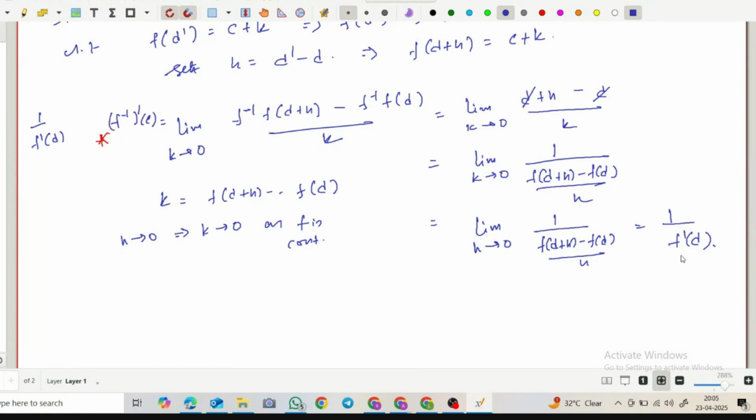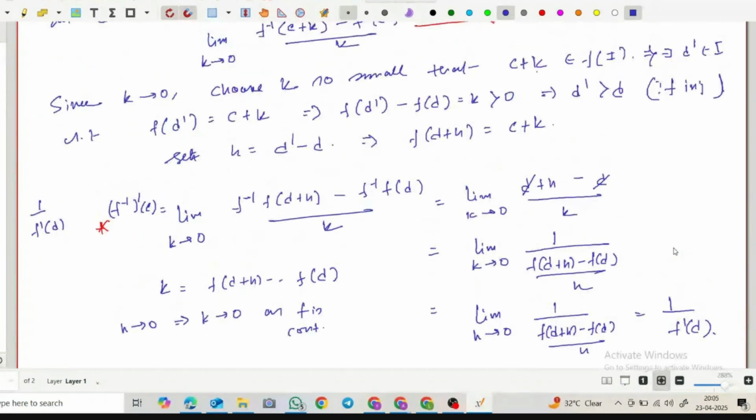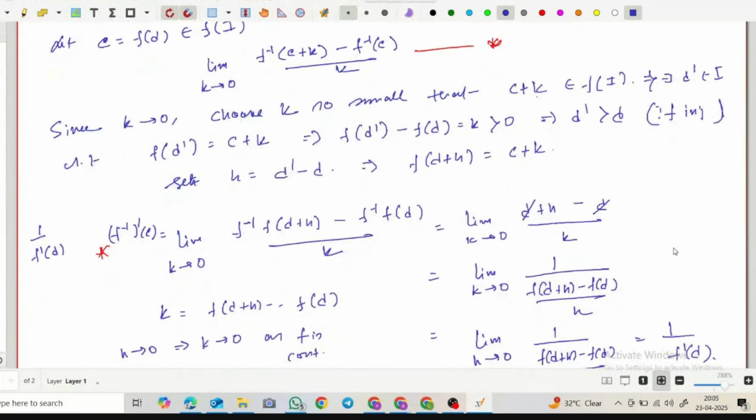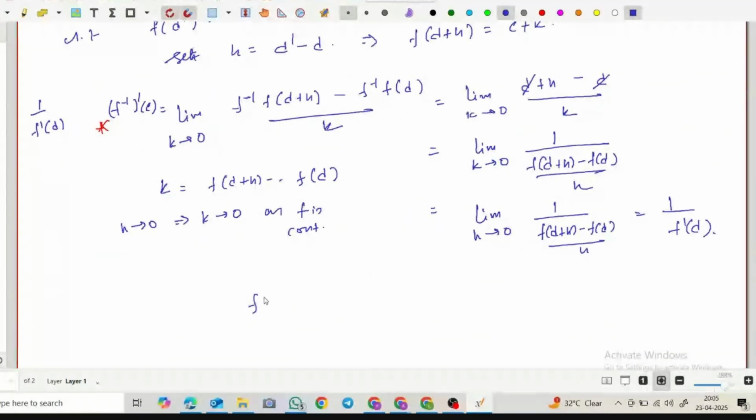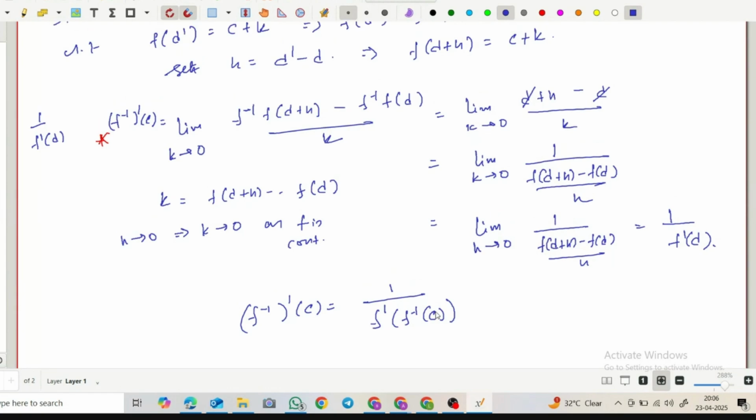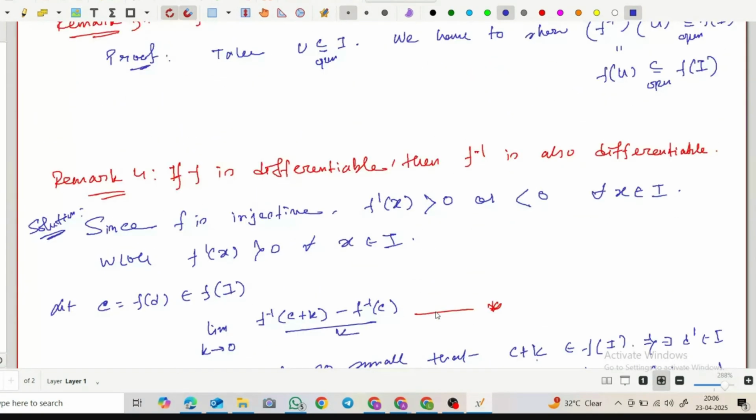And we have defined that d was f inverse c. Thus, we have proven that f inverse prime c is 1 by f prime of f inverse c. So f inverse is also differentiable at every point. So if f is differentiable, injective, continuous, then f inverse is all those things.